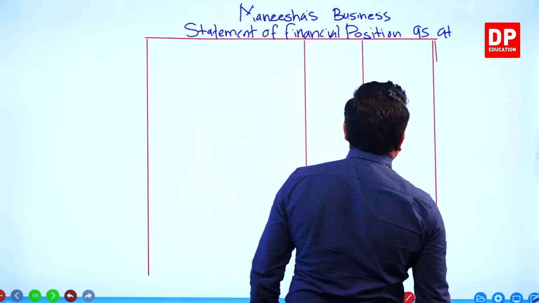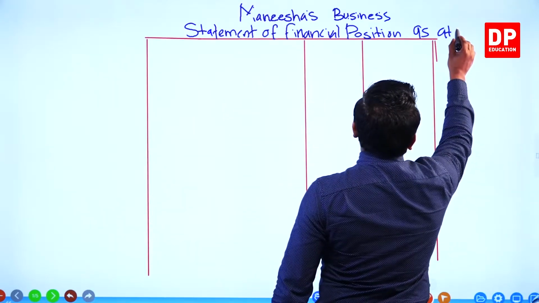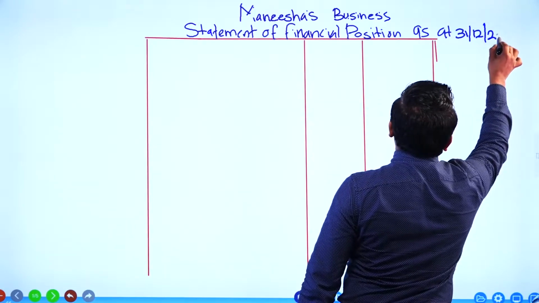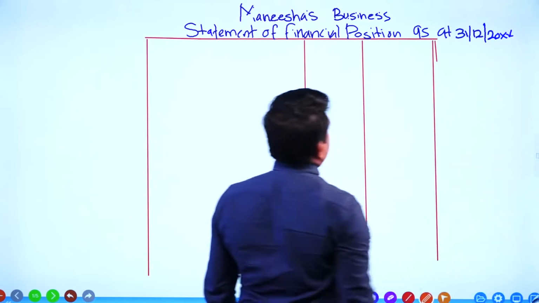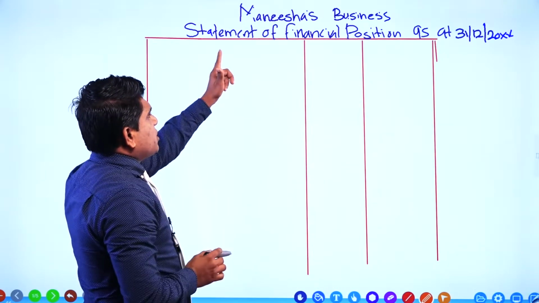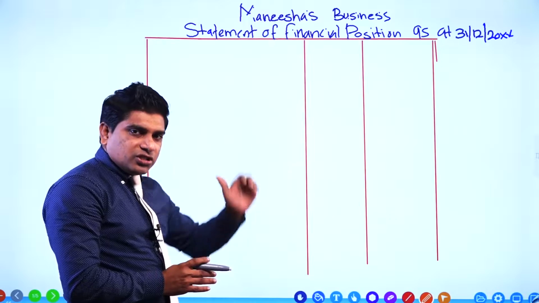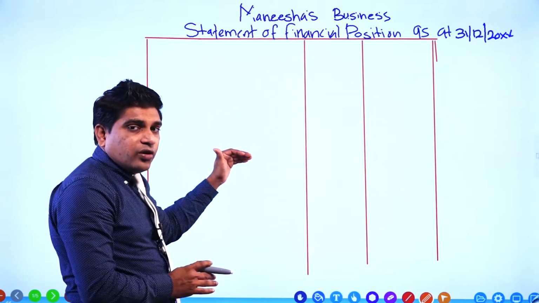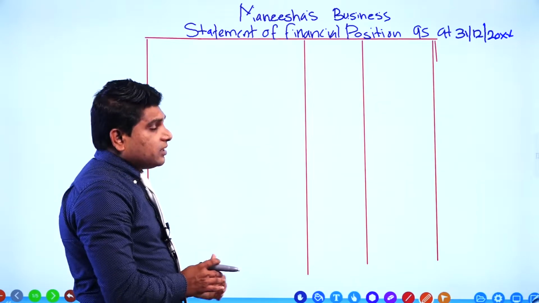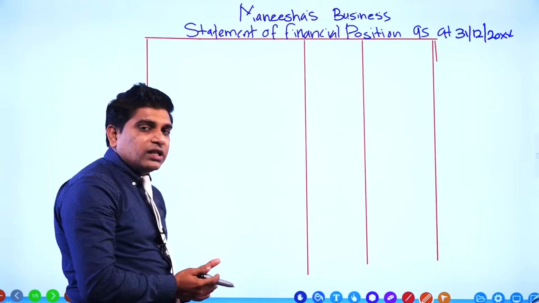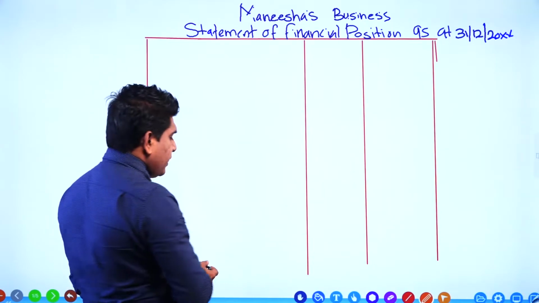As at 31st December, you put here 20, but they don't clearly mention the year. You can put any year. You must mention the name of the business, what statement we are going to prepare, and the date. Here we don't give a time period, we can give only the specific date, right?